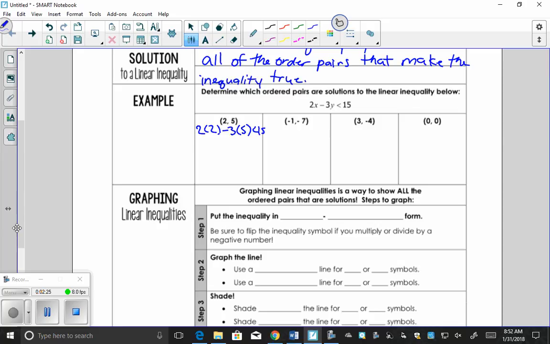And you just work it out. What's 2 times 2? 4. What's negative 3 times 5? Negative 15. What is 4 minus 15? Is negative 11 less than 15?